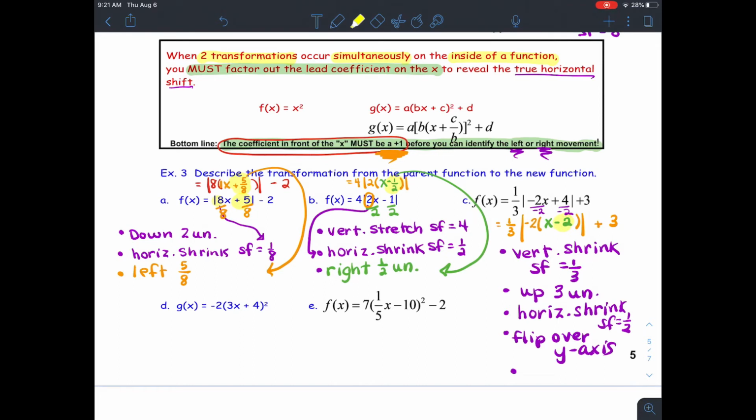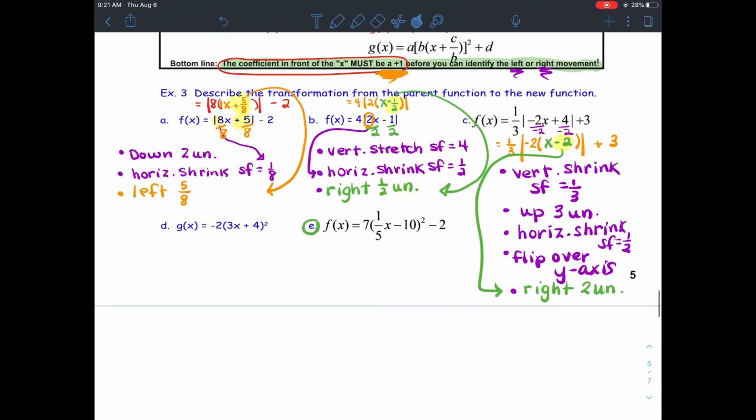A 4 divided by a negative 2, that's going to be a negative 2. So I'm going to highlight that, and that's going to tell me, oh, this is actually going to the right 2 units. Okay, to the right 2 units.